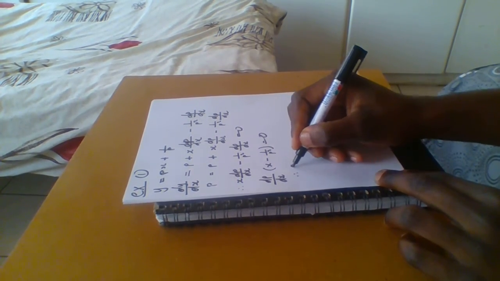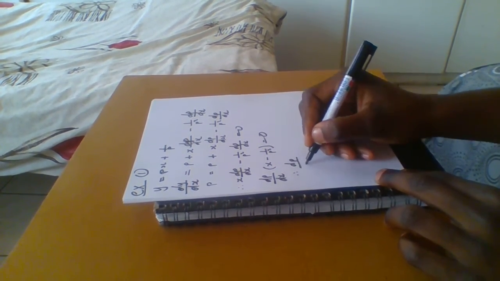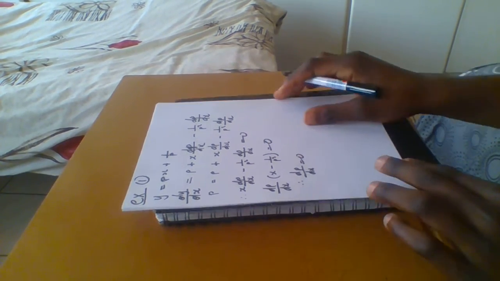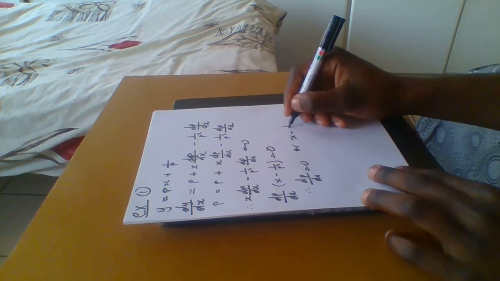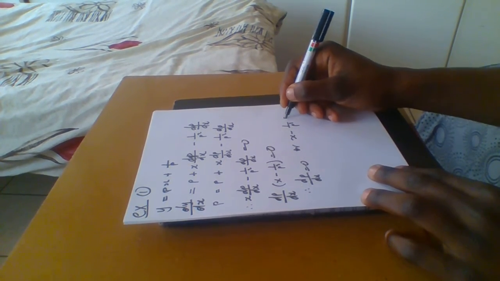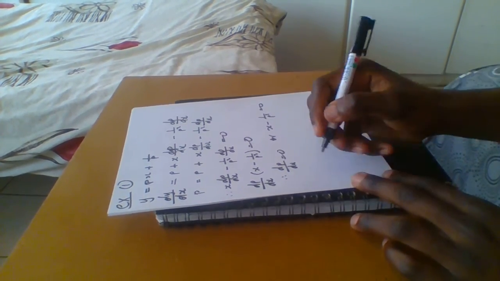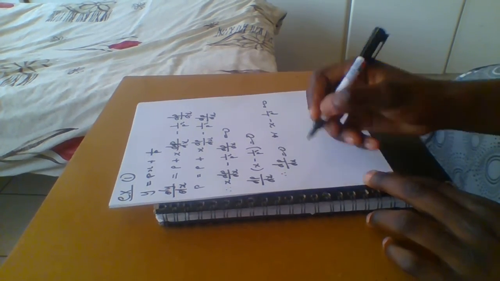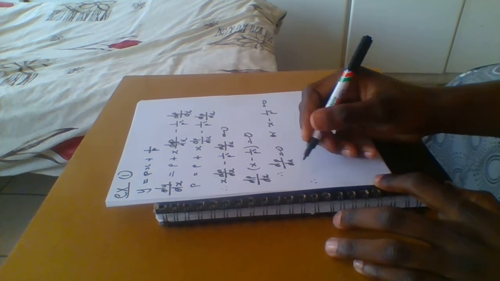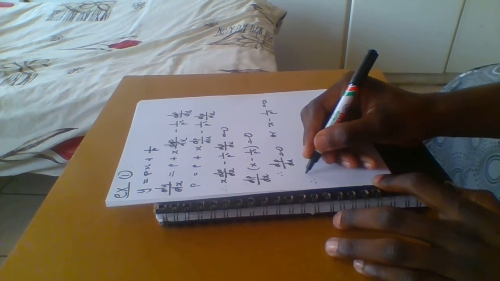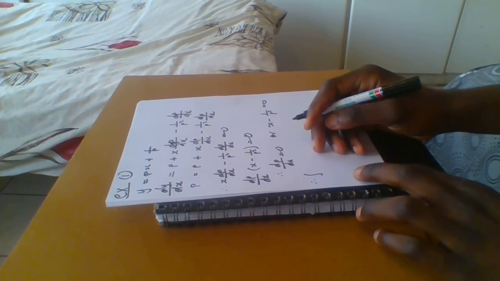Then therefore dp over dx is equal to 0, or x minus 1 over p squared is equal to 0. And then if I were to use integration here to find p, I will just use a separable equation from applied maths 2 first semester.